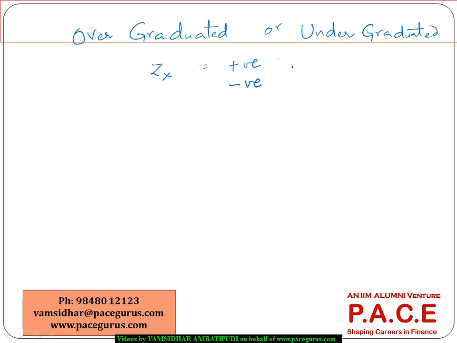But each one of them may be very small positive, very small negative. So when I compute the ZX squared, all of them may be small and positive, and the summation may not be so high that it exceeds the critical value. That way the chi-square test is not able to test whether the overall graduated rates are overgraduated or undergraduated.